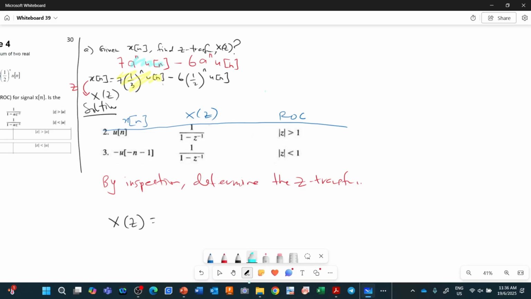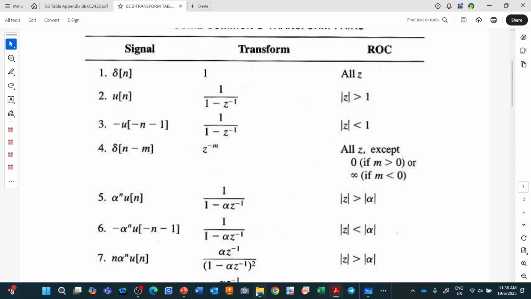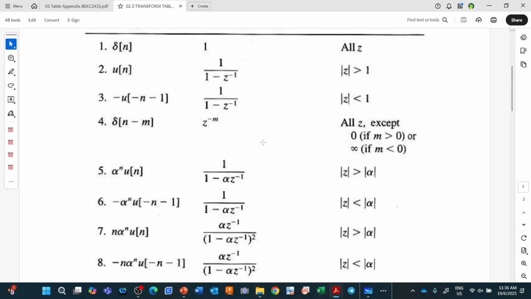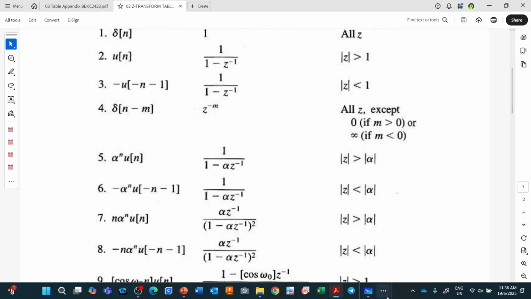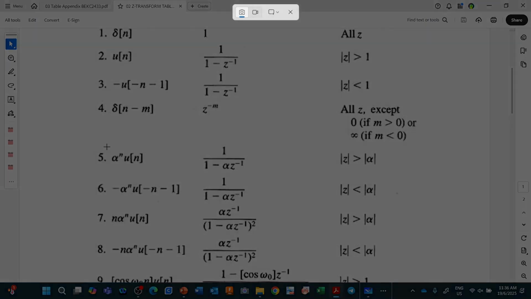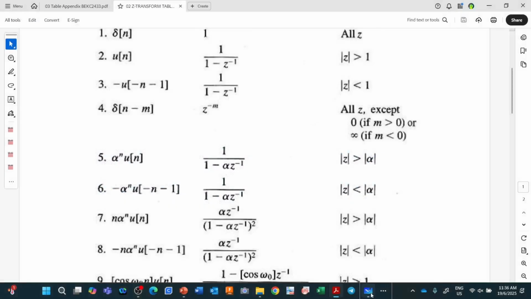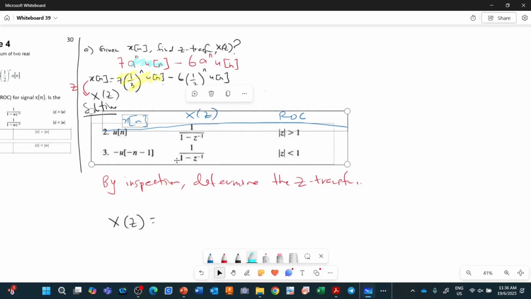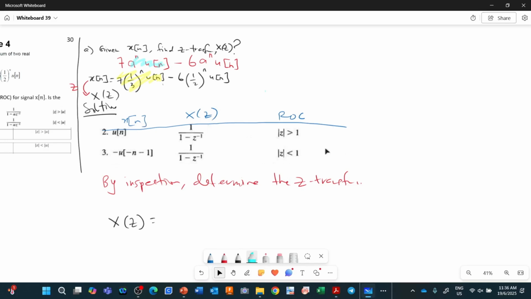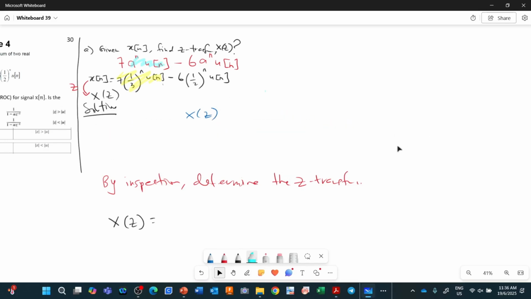So by inspection, a^n u[n] is which formula? 2 or 3? Oh sorry, where's the a^n u[n]? Sorry, I took the wrong equation. No wonder blur.